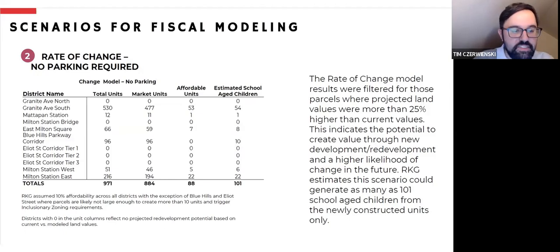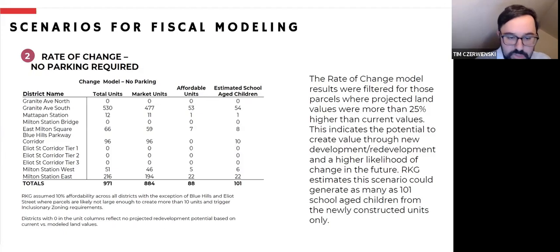You also see in the Elliott Street corridor no units being projected under this rate of change model, because again, are you going to buy a $750,000, $800,000 Elliott Street parcel only to build 3 additional units, or in fact 2 additional units because there's already 1 unit there? From a real estate perspective, it just doesn't pencil out, and so you're drawing zeros on Elliott Street.